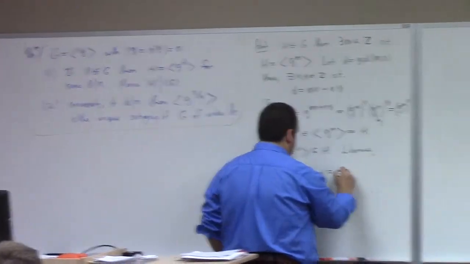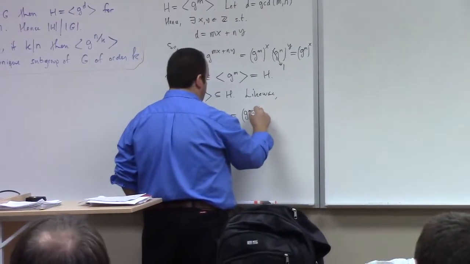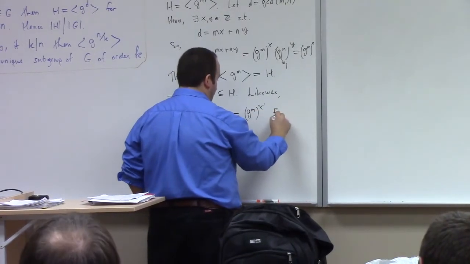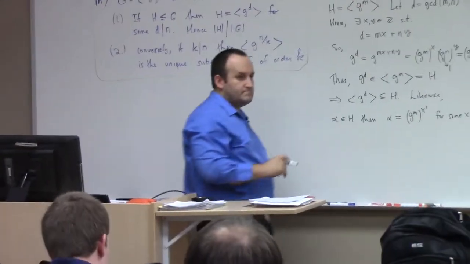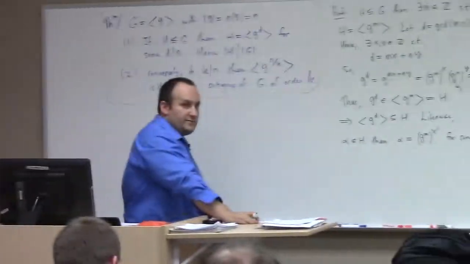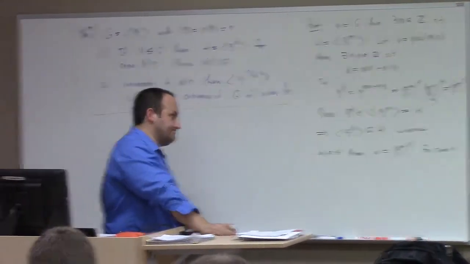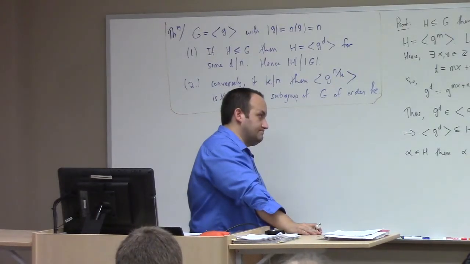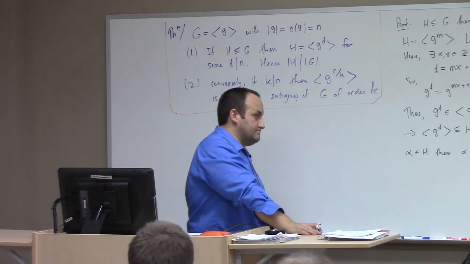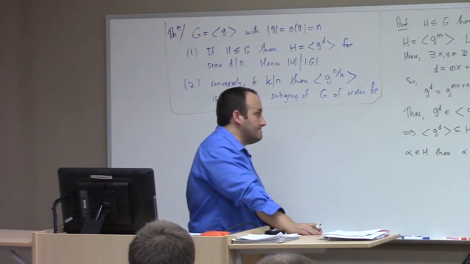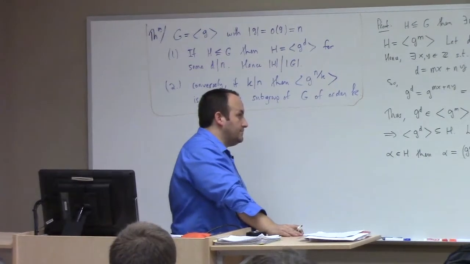G to the M to the, let's say, X prime for some X prime. What would I like to do? I'd like to rewrite that as what? We know that D divides M, so we want to rewrite it as G to the D is something. The fact that D divides M.